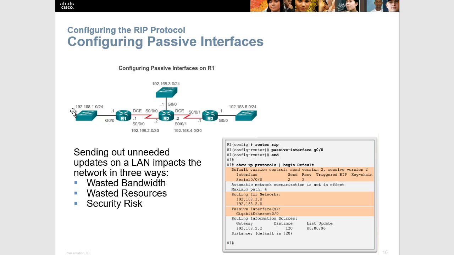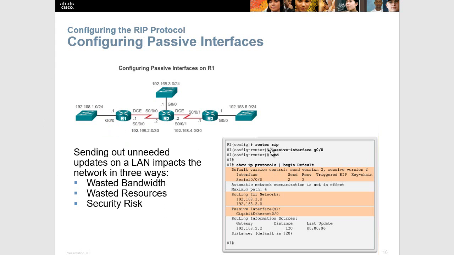The switch doesn't care, and the host devices don't care about those routing updates. All you're doing is wasting bandwidth, wasting resources, and perhaps providing a security risk if there's some device trying to intercept your routing updates to use for its own evil plans. So you can configure a passive interface that will not send those routing updates. It'll still receive routing updates if they're sent, but it's not going to send them out itself.